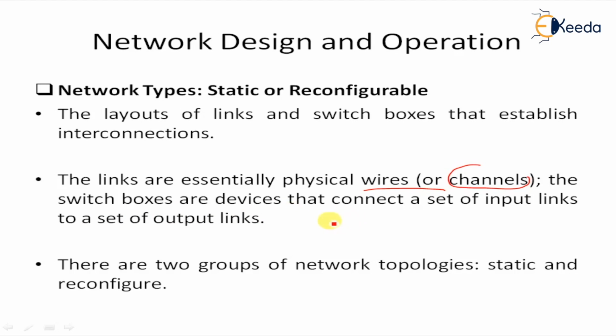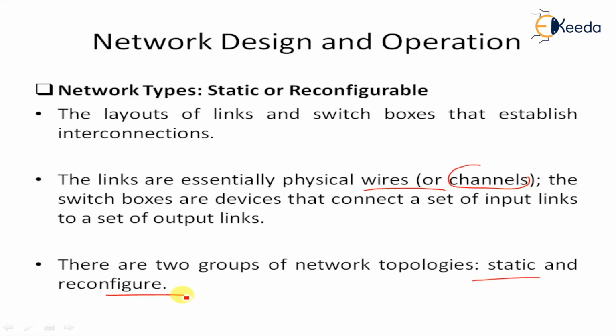So there are two groups of network topology, static and reconfigurable. I'm just going to explain some detail in both the static and the reconfigurable. So a static network provides fixed connections between nodes. The links between the nodes are unchangeable and cannot be easily reconfigured.